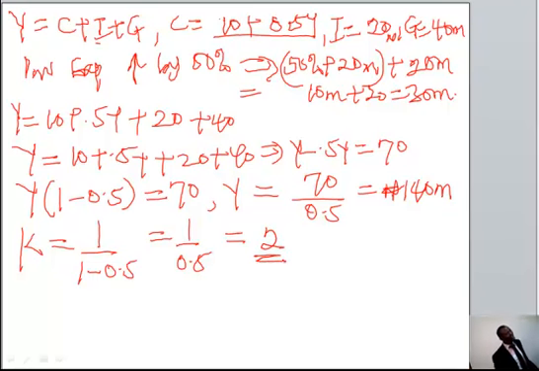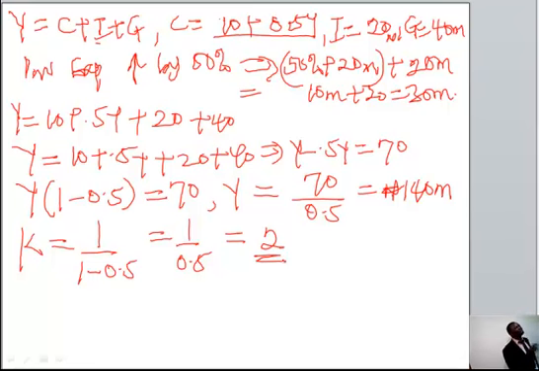The implication of this is that if the autonomous investment expenditure is increased by 1 naira, it will result in a 2 naira increase in the national income. So the resultant multiplier effect on the national income will increase our income by 2 multiplied by the investment.